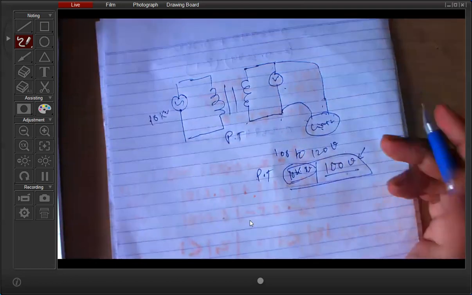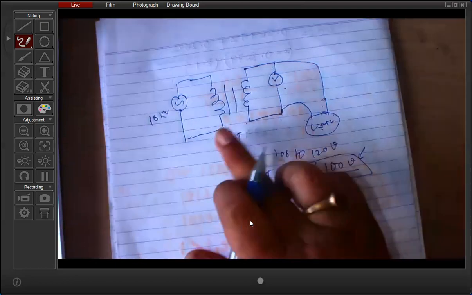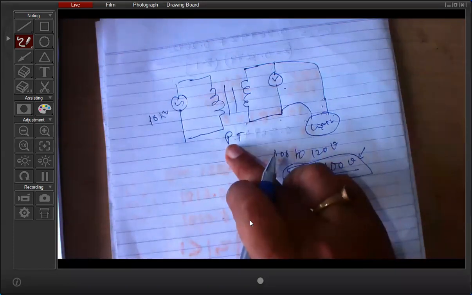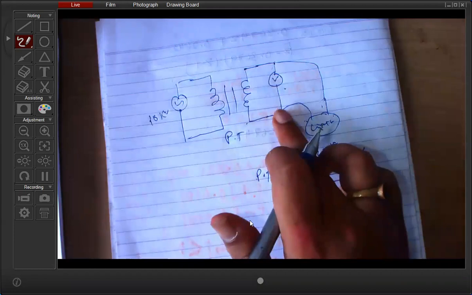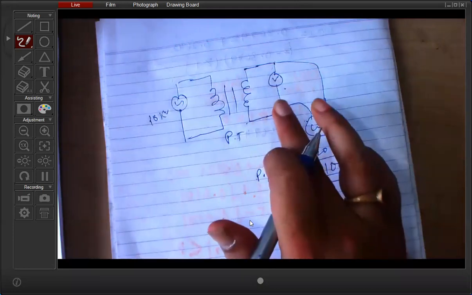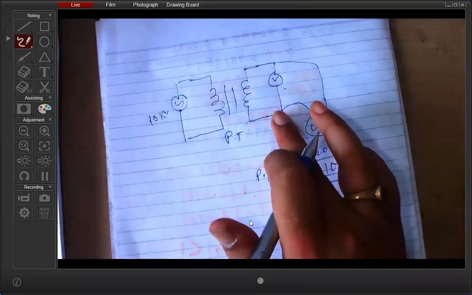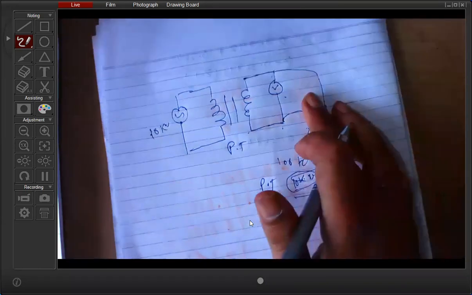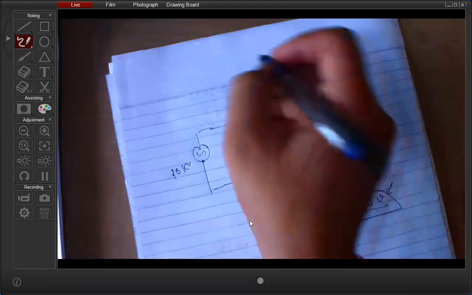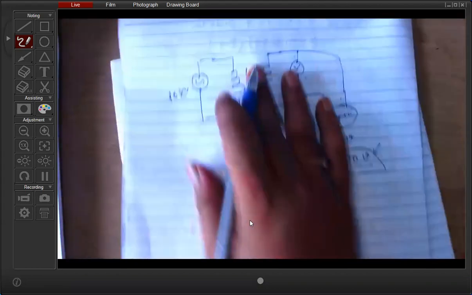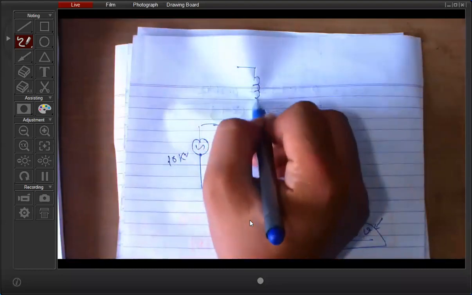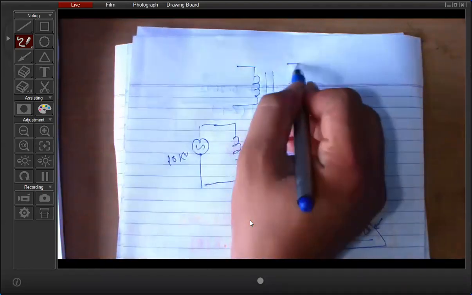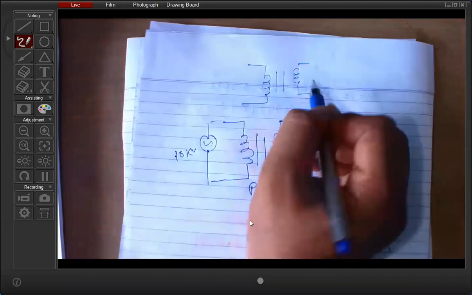So in this way, the potential transformer is similar to the power transformer from the construction point of view, but the secondary terminal of the potential transformer has a very low load. In the case of a power transformer, suppose you have one step down transformer used in a distribution system.